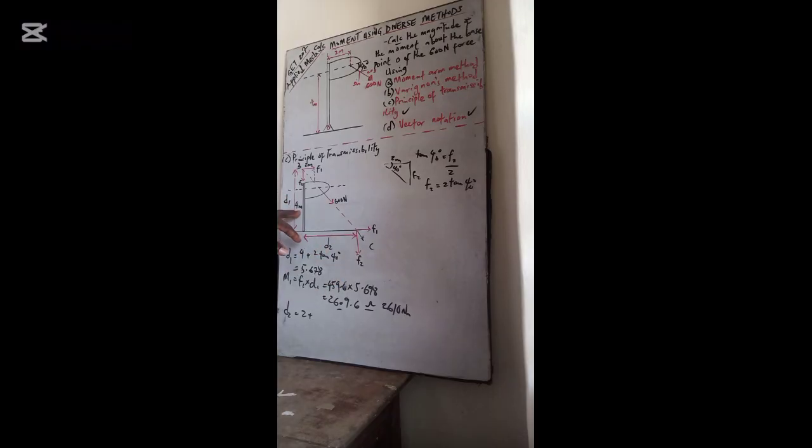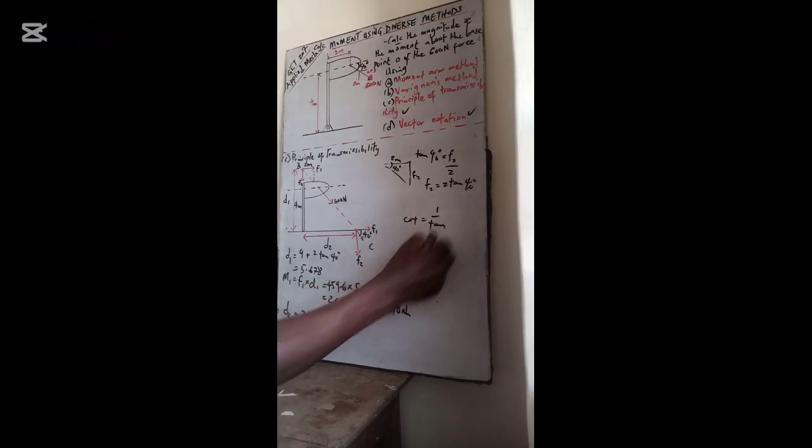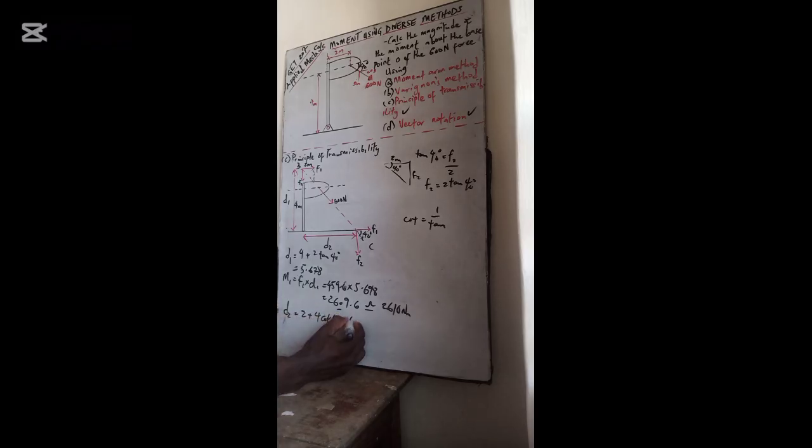So you are going to have 4 cot of the angle that is here, 4 cot 40. Since we used tan here, when you are coming here and using the opposite direction, you are going to be using cot. Remember, cot is equal to 1 over tan. So without wasting our time, we just have 4 cot 40, and that will give us 6.767.